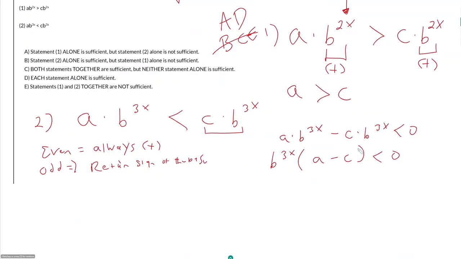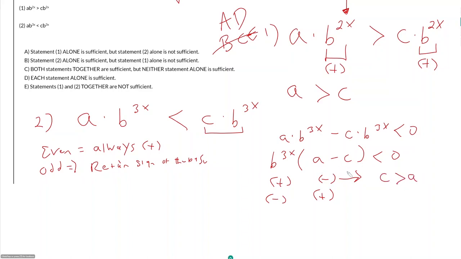So how do we get a value less than 0? We multiply two things, so those two things must have opposite signs. So either we have a positive times a negative, or a negative times a positive. So a minus c could be less than 0 or greater than 0. If a minus c is less than 0, that means c must be greater than a, right?